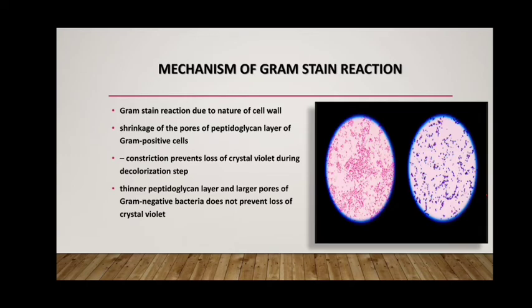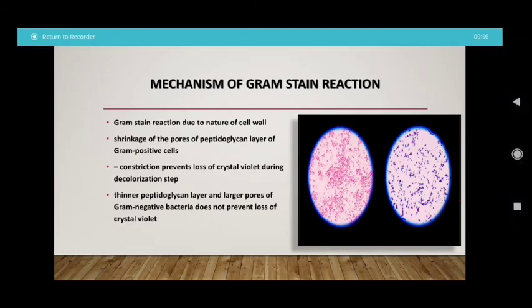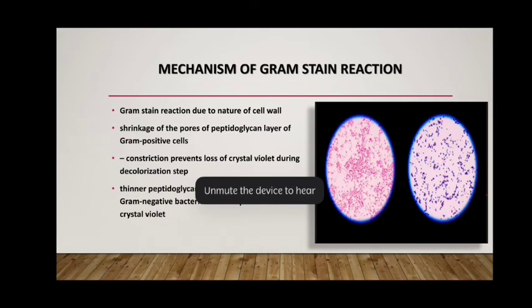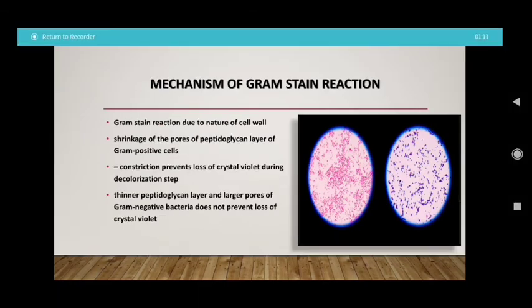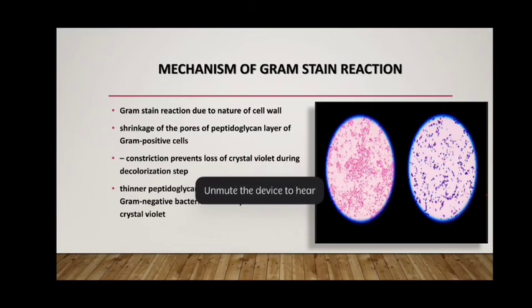During the procedure, the bacteria are first stained with crystal violet and next treated with iodine to promote dye retention. When the gram-positive bacteria are treated with ethanol, the alcohol is thought to shrink the pores of the thick peptidoglycan layer. Thus, the crystal violet-iodine complex is retained during the short decolorization step and the bacteria remain purple.